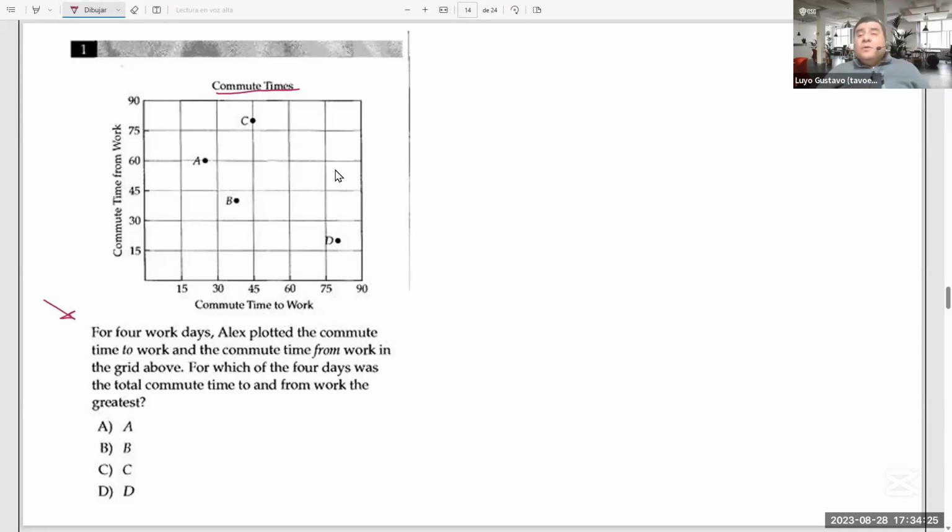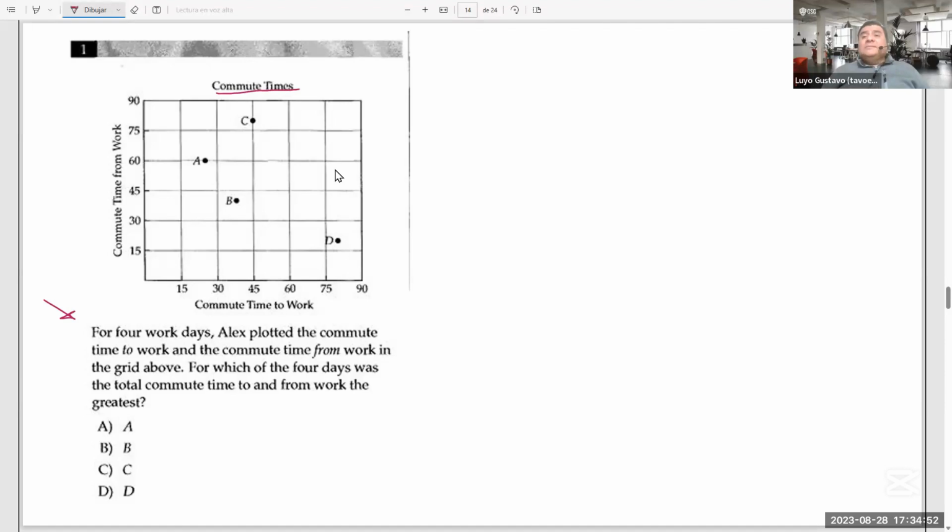For 4 work days, Alex plotted the commute time to work and the commute time from work in the grid above. For which of the 4 days was the total commute time to and from work the greatest? So, how are we supposed to do this?